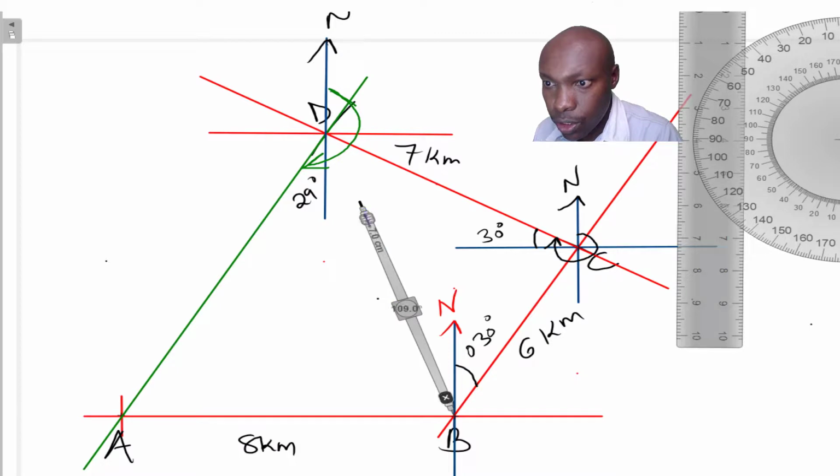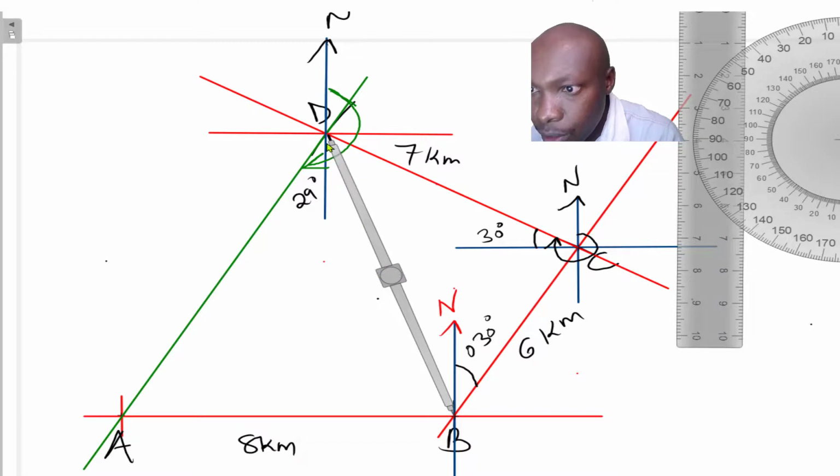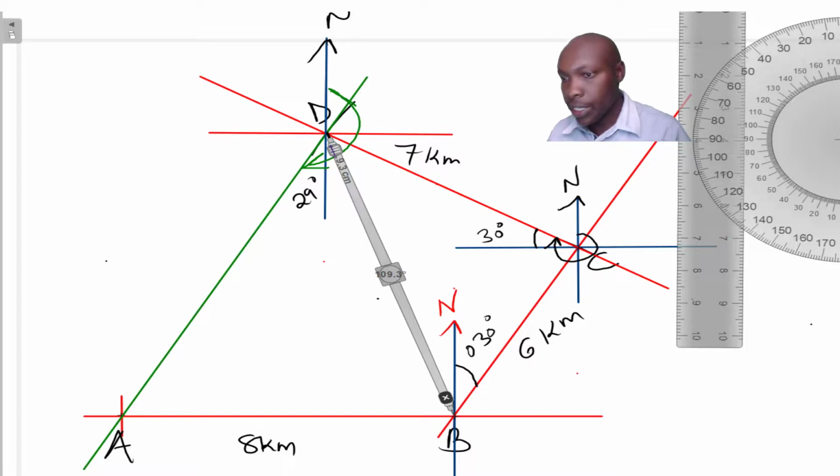So I want to stretch it up to this point, up to D, and I can see if I stretch it up to that point, that is giving around 9.3.